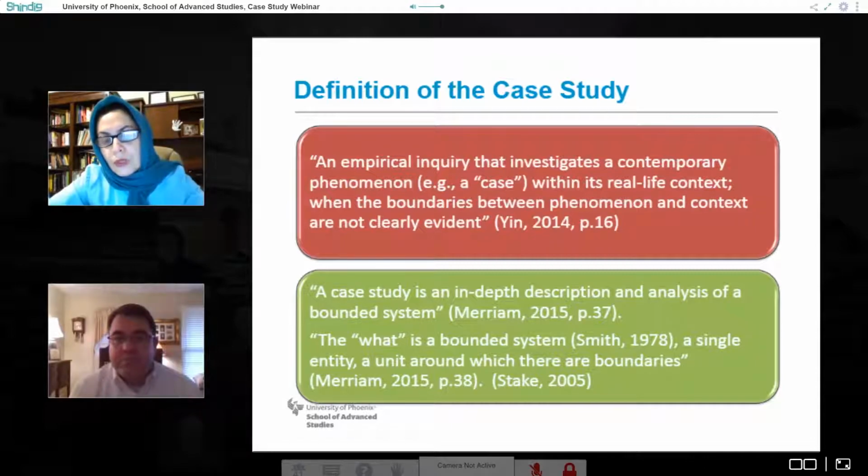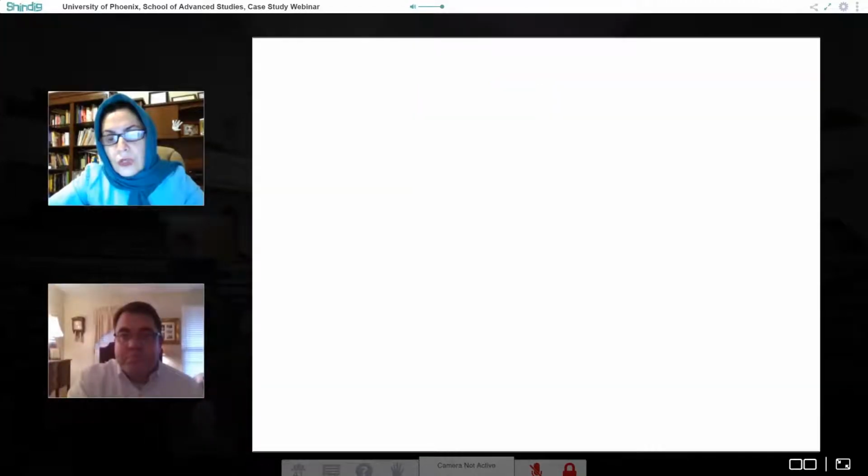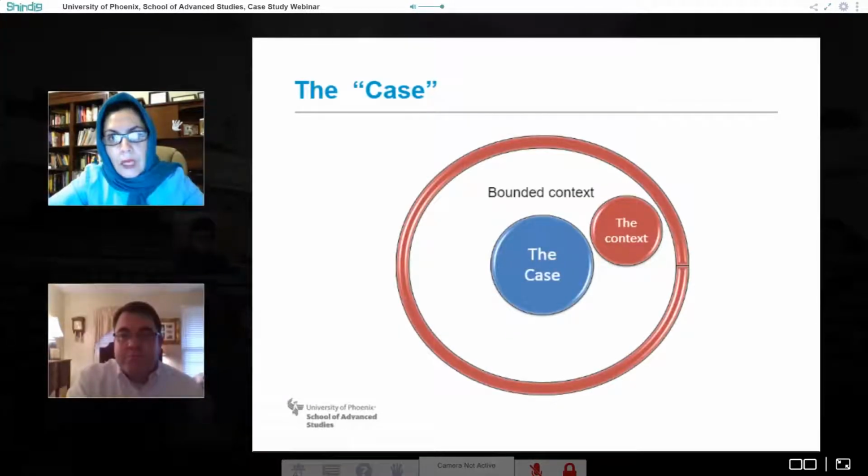But as we move through the slides, I'm telling you that Yin is also getting closer to this perspective, that we need to clearly explain and have a boundary around our case and unit of analysis. So in this presentation, I mostly present a procedure based on Yin's perspective toward cases. I may bring some other stuff, but mostly Yin.